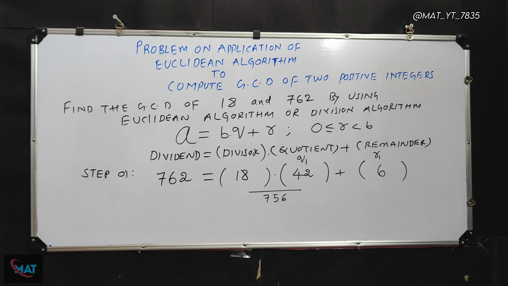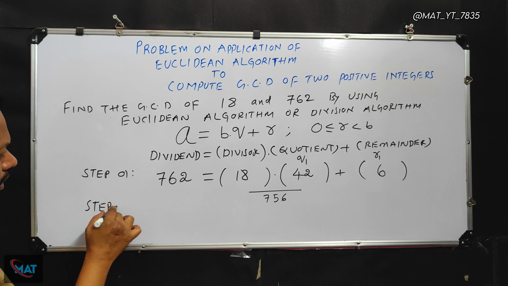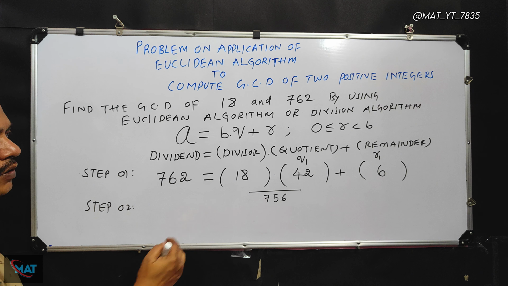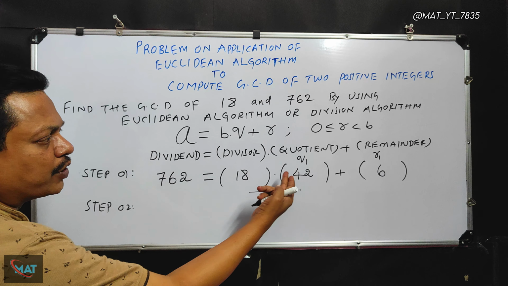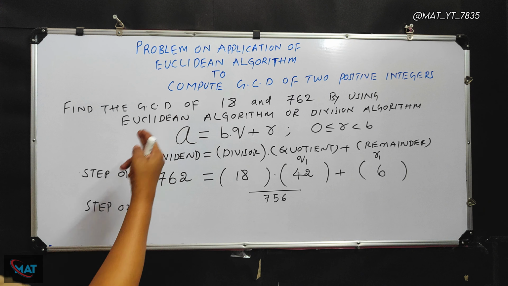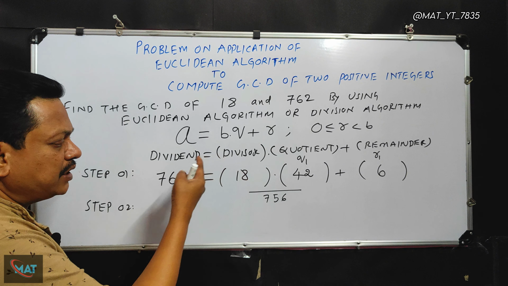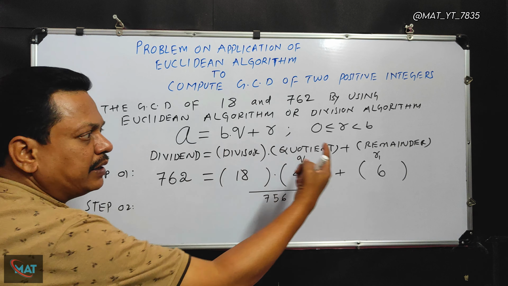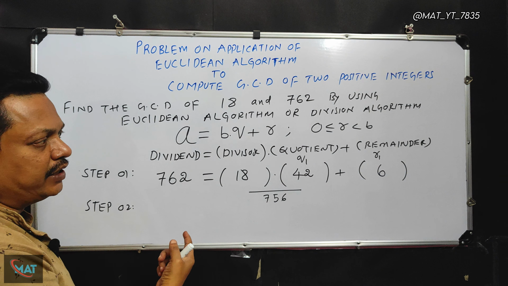That is step 1. Now in the next step, step 2, what is to be done? Be careful. Whatever the number you are finding before Q1, it is 18. So in this algorithm, the process is that divisor becomes the dividend, remainder becomes the divisor. That is the idea we are going to find here.